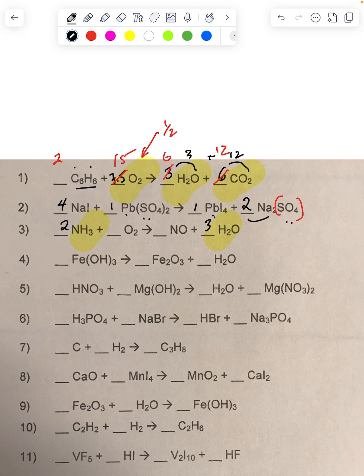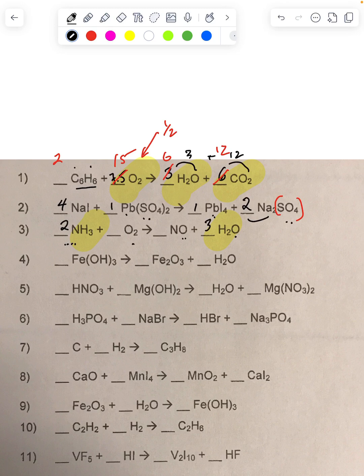Okay, I think we have a classic, what I like to call a 3-2 problem, meaning we have 2 hydrogens and 3 on this side. Almost always you can help solve the problem by putting a 2 here and a 3 there. That takes care of making that 6 hydrogens.